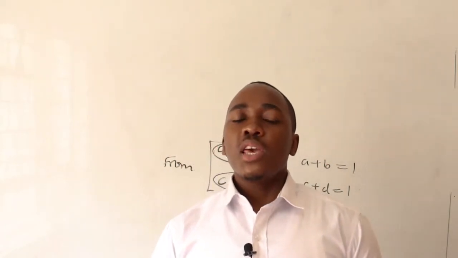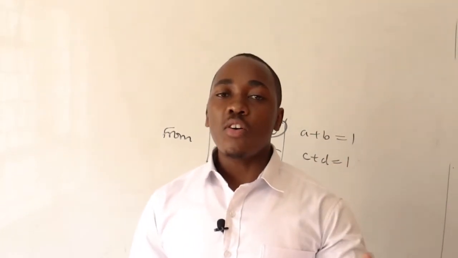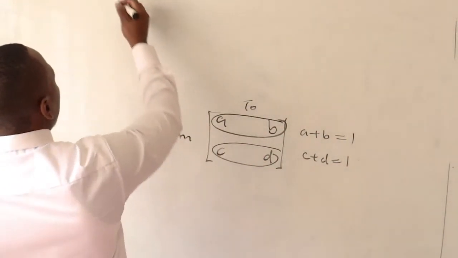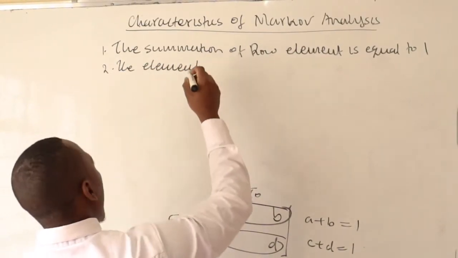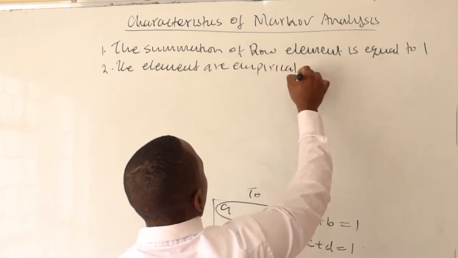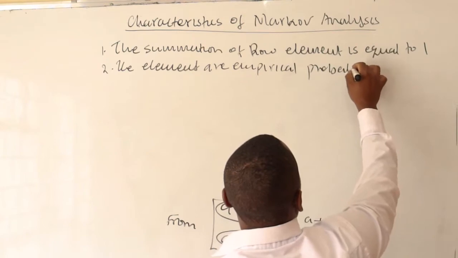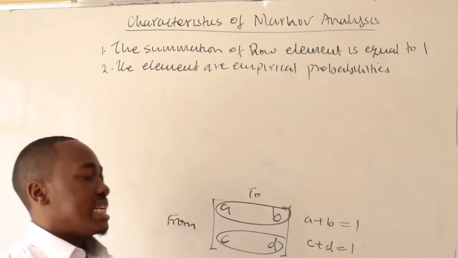What does that mean? If you add A plus B, you get 1. That means A and B should be empirical probabilities. So the other characteristic is that the row elements are empirical probabilities, so they should be in terms of probability.